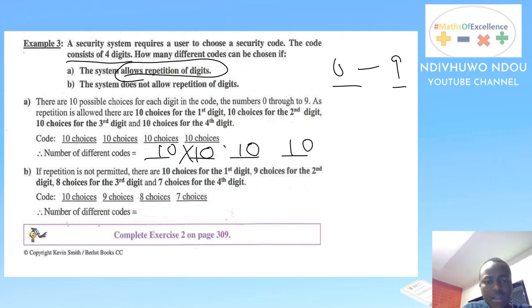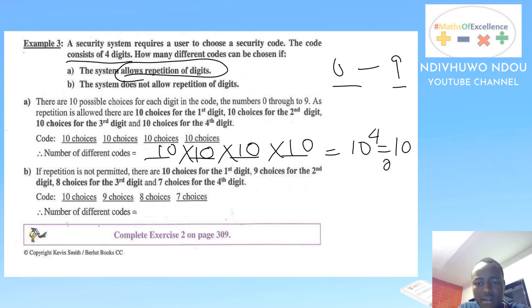So it will be the multiplication of those number of outcomes or choices that we have in that particular situation. So it's 10 times 10 times 10 times 10, which is 10 exponent 4, which will give us 10,000. So there will be 10,000 codes that can be formed or that can be chosen, right? Okay, B.